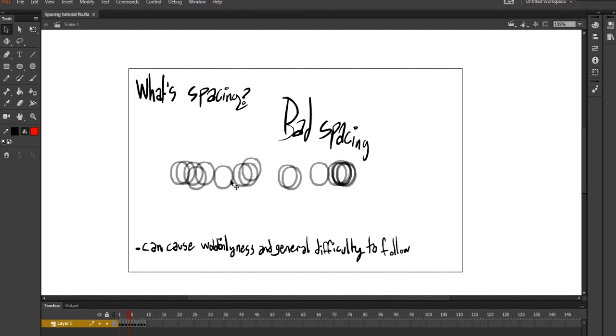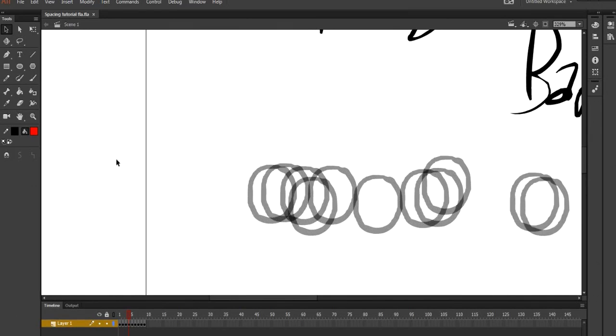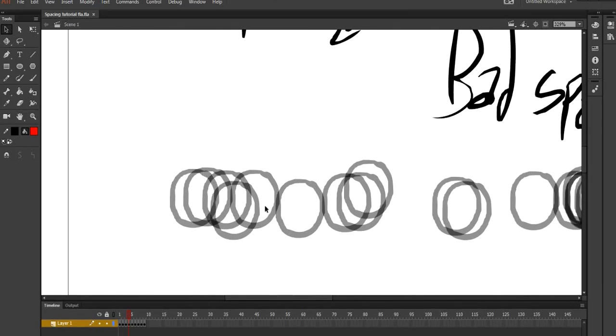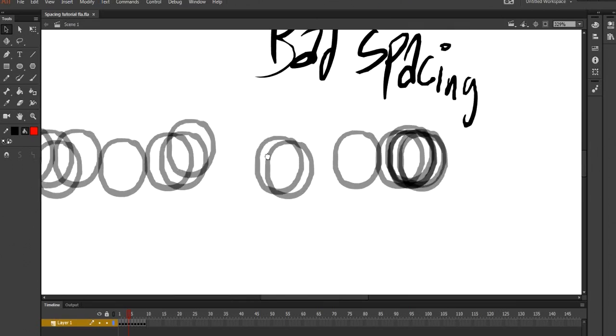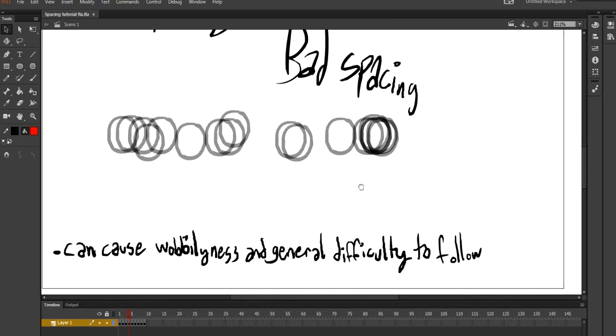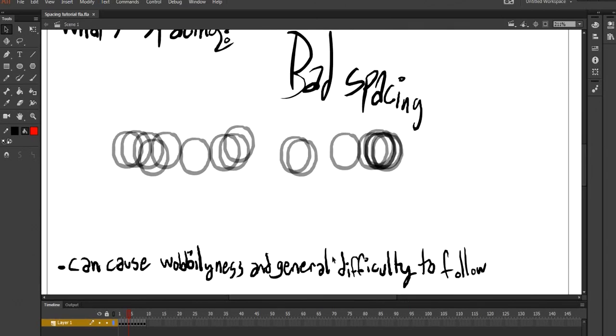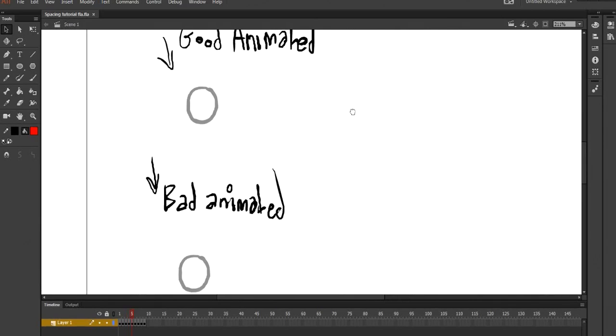It's trying to go from point A to point B, but as you can see, the spacing is rather inconsistent in parts. Outside of the fact that it's not even following a path, the spacing between here and here is smaller, which starts out good, then it goes out here and slows down, but then, whoa, it's over here now. Okay, this makes perfect sense. Like I said, it can make it very unappealing.